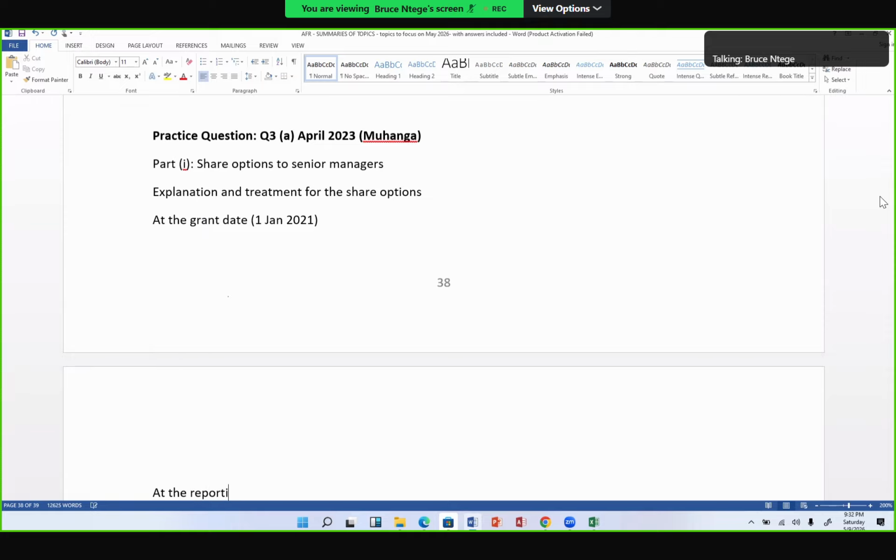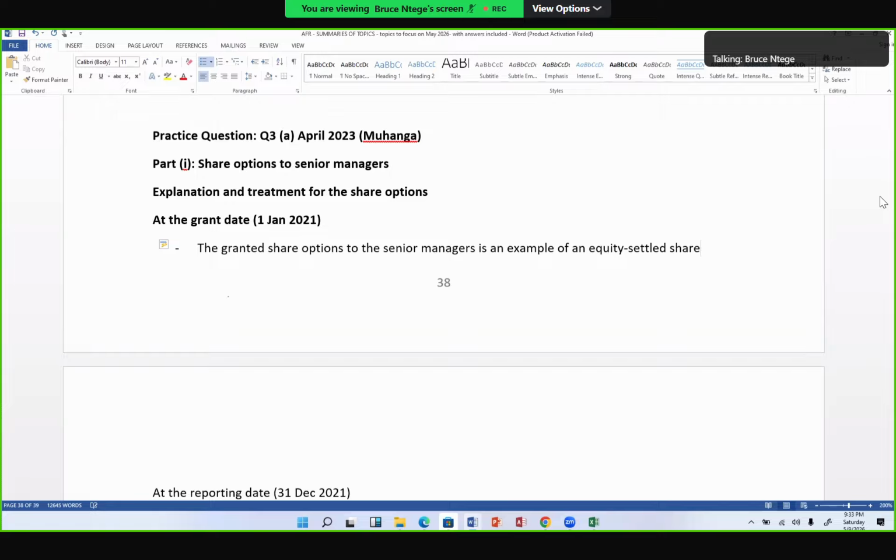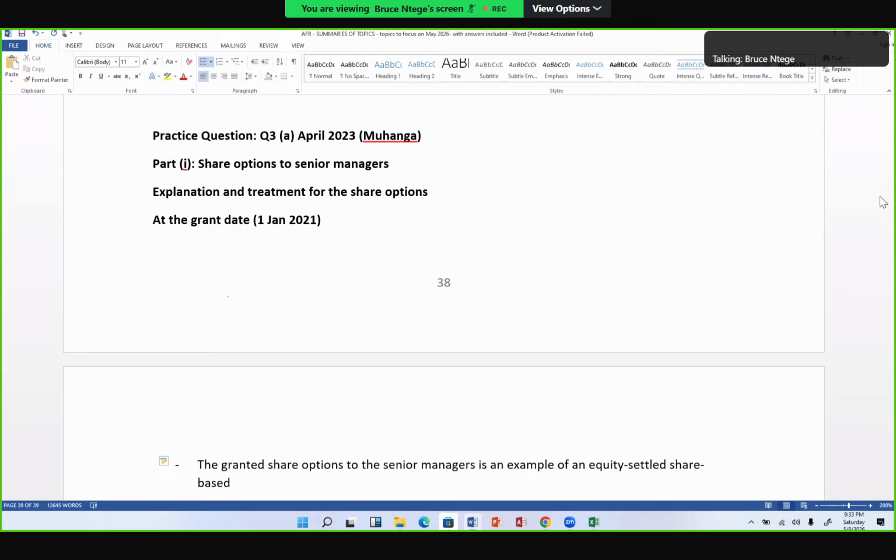So I'll say that the granted share options to the senior managers is an example of an equity settled share-based payment arrangement.